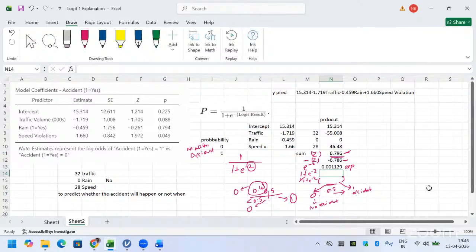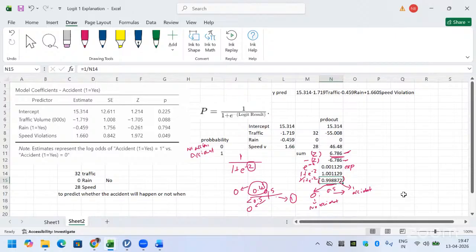This is 0.001129. Here this is equal to 1 plus the value above, so this is 1.001129. Then this should be equal to 1 divided by this value. In this case, I got 0.998872.